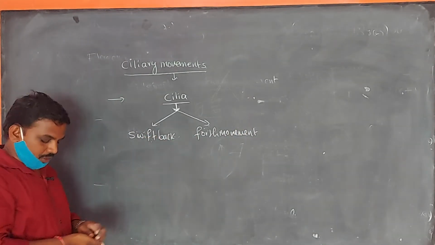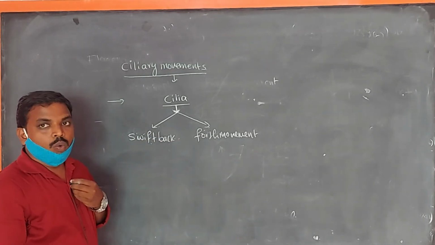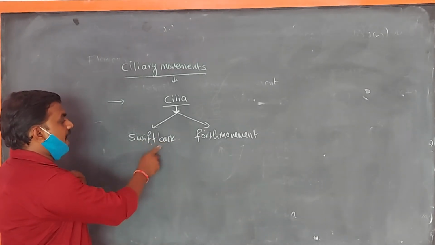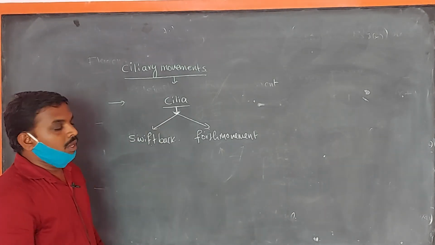So the cilia perform two types of movements, and both are exhibited in cilia. The cilia arise from the kinetosome or blepharoplast or basal body.